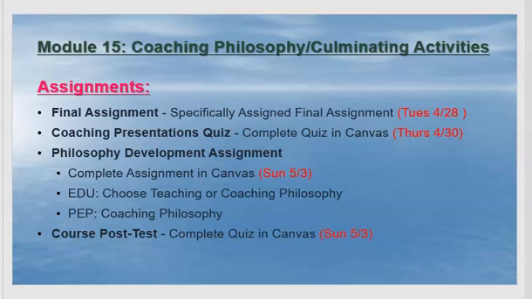So I will wrap up our presentation today with our Module 15 assignments. One more reminder, and you can see these on the page 2, the information page for Module 15. Your final assignment was due Tuesday, 4/28, and that is based on how far you got in your observation, what you have to do. So if you got halfway through your observation, you'll write the observation reflection paper.